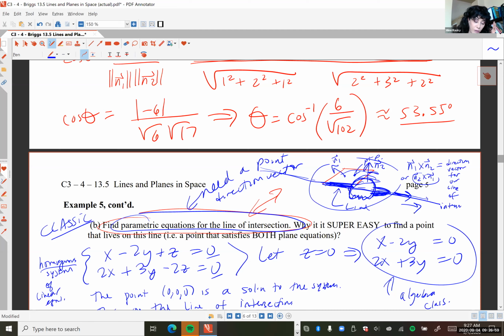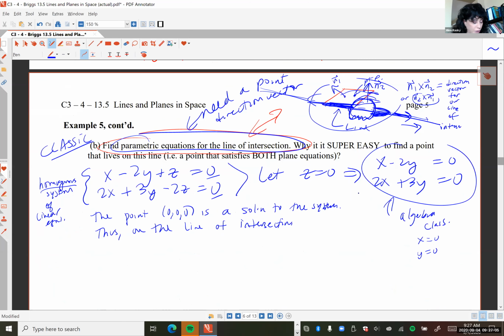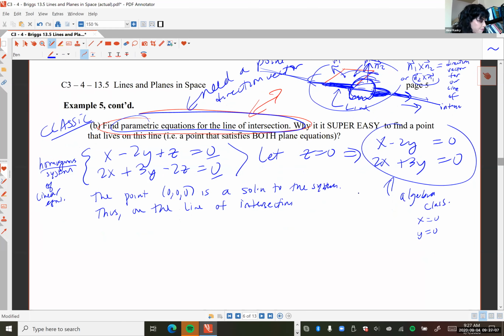And if I did N1 cross N2, my thumb would be pointing in the opposite direction going into the paper. Doesn't matter which one though for this particular problem. So my claim is N1 cross N2 will serve as a direction vector for our line.